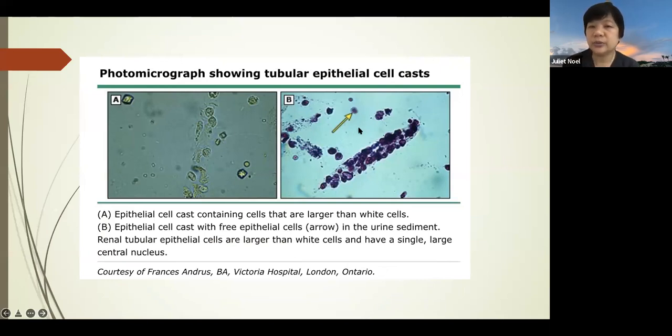In comparison, in the urine sediment, the bigger cell is an epithelial cell, and this small one is a white blood cell. When you see epithelial cells inside the cast, that's an epithelial cell cast. And if you see WBCs inside the cast, that becomes a WBC cast.